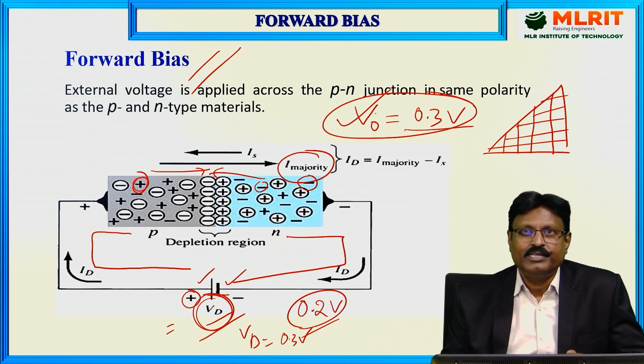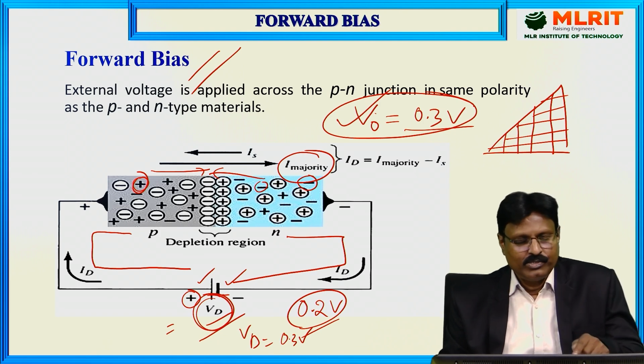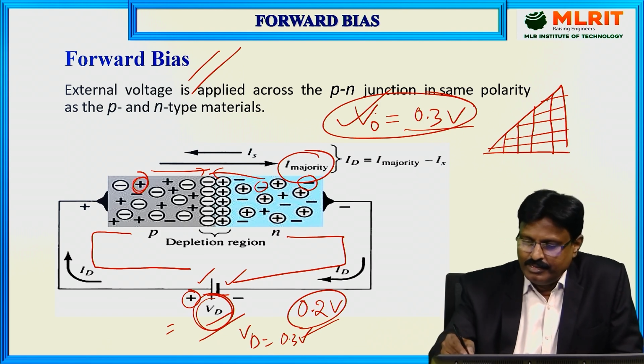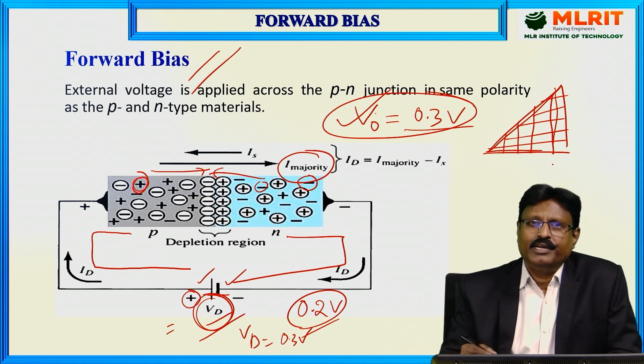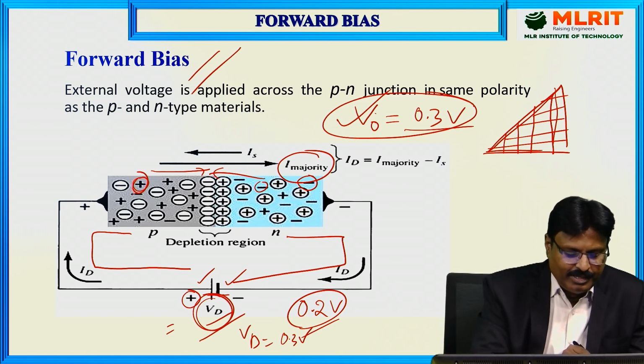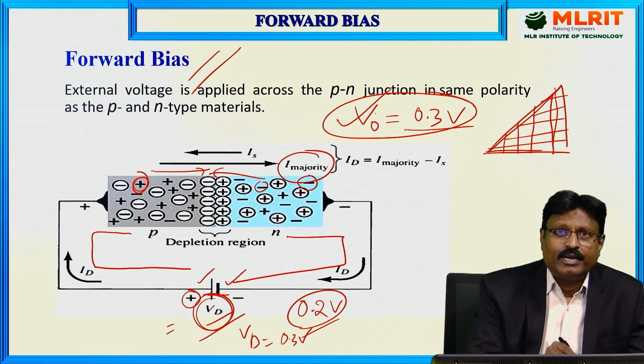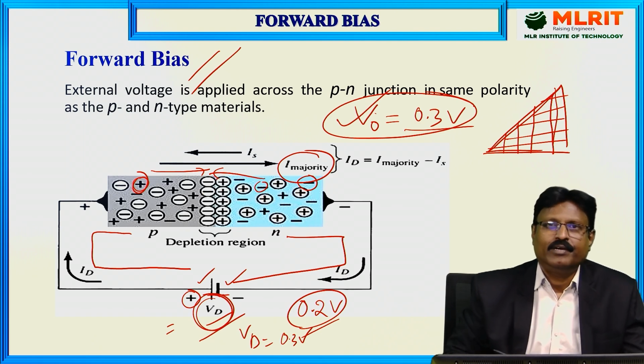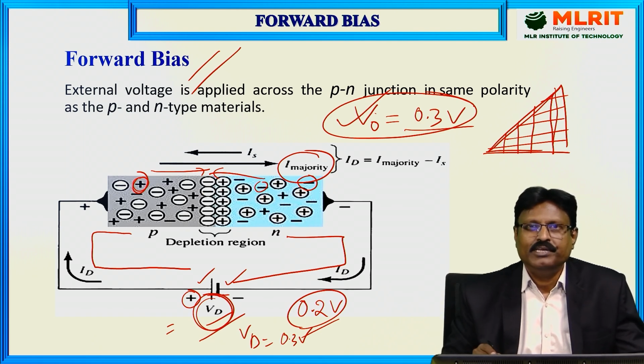Only when it is greater than the barrier potential, the barrier potential slowly goes on decreasing and it will be diminished. And also here the electrons, earlier they were uncovered, now they are covered. That means slowly the depletion region is diminishing itself.